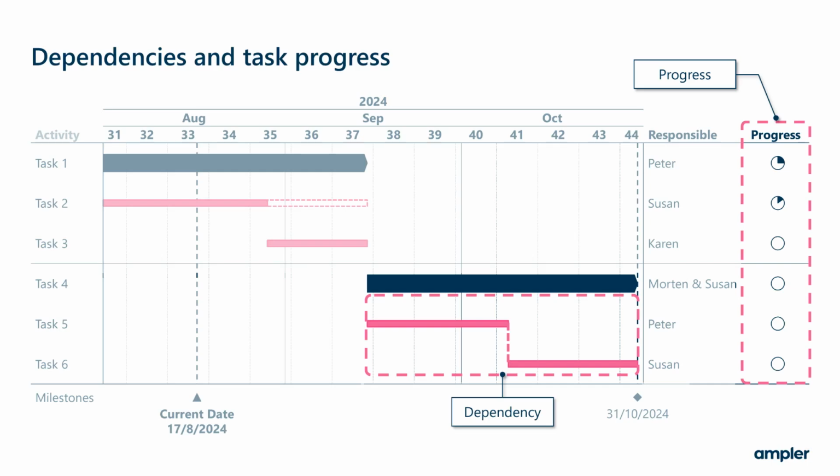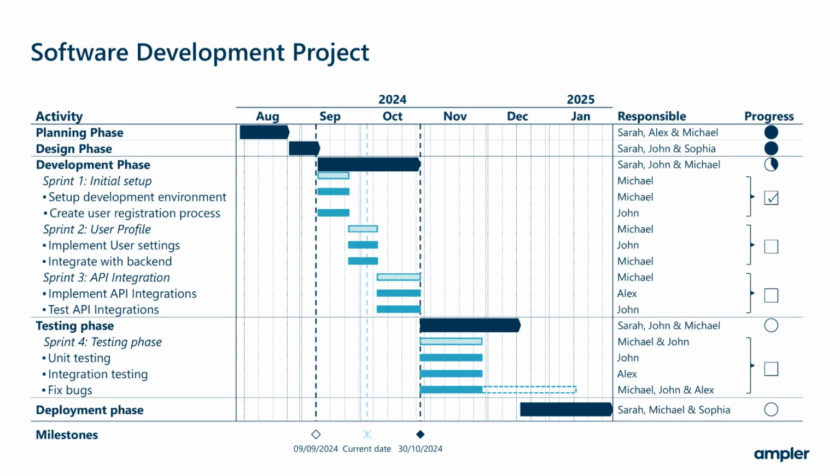Now that we have covered what a Gantt chart is, what it contains, and why it's useful, let's explore some use cases. Our first example is a software development project. These types of projects are heavily reliant on dependent tasks. For example, you can't test for functionality before the staging environment is set up, which means that the successor task depends on the completion of a previous one.